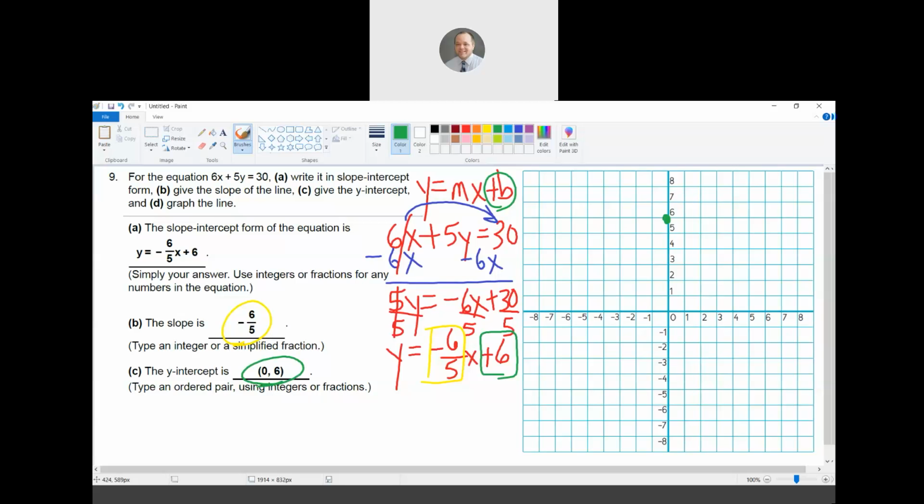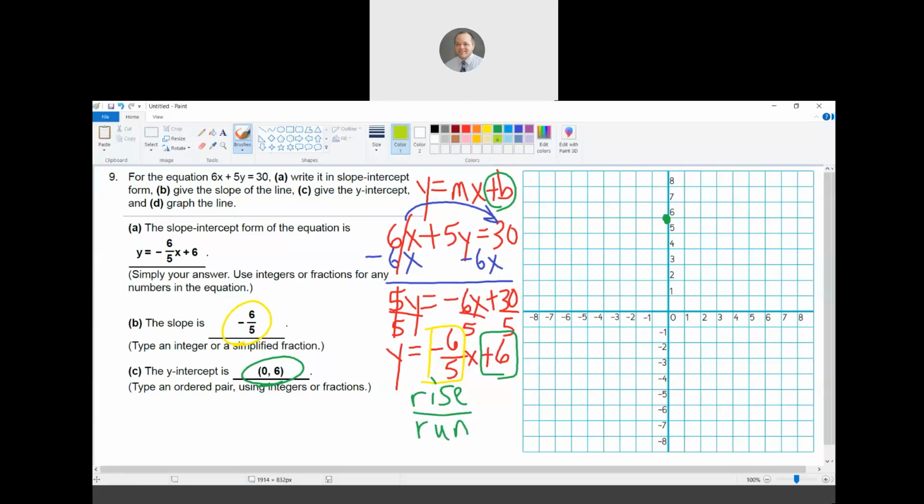Now, to graph this equation, all you need is one other point. You can draw an XY table and get another point, or let's use the definition of slope to find our second point. Keep in mind that the basic definition of slope is rise over run. Because our rise is negative, we go down 6 spots.